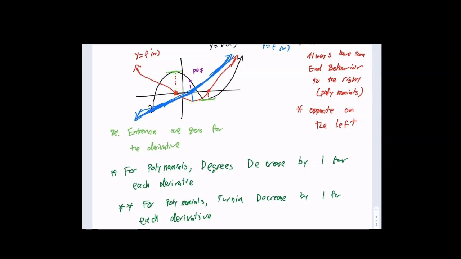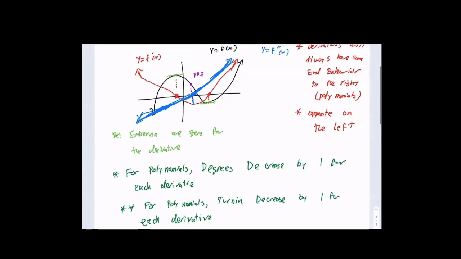Every single place a function has an extrema, its derivative should have a 0. If a function has an extrema, its derivative should have a 0. And that's the one you'll have a problem on your homework on Delta Math that is asking you that type of problems.